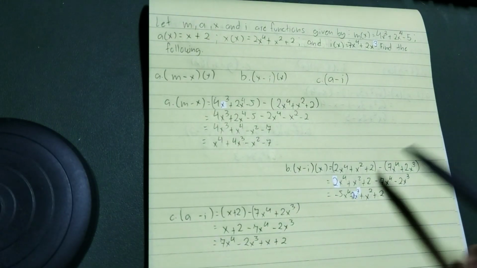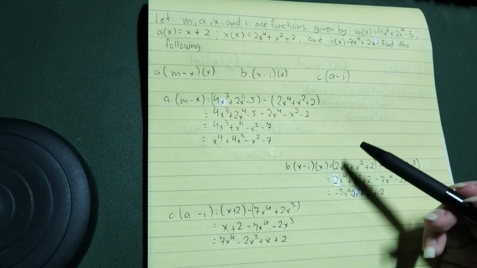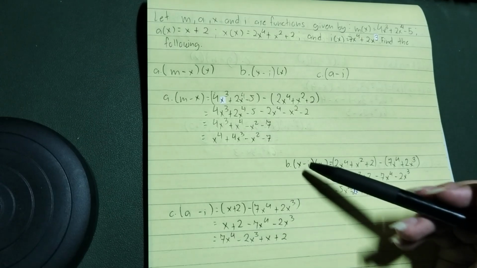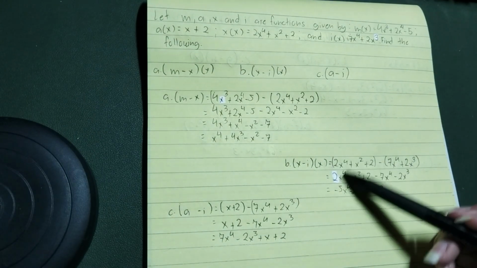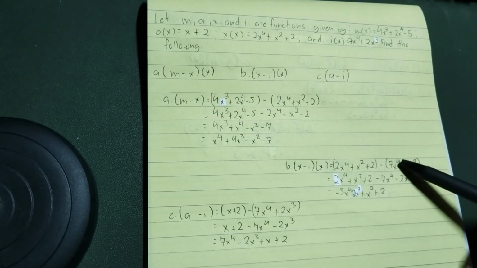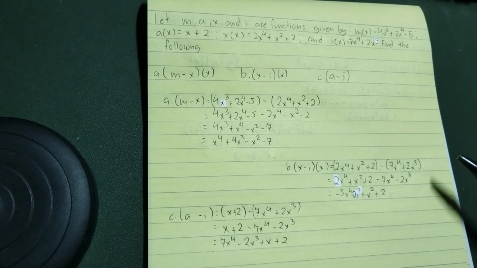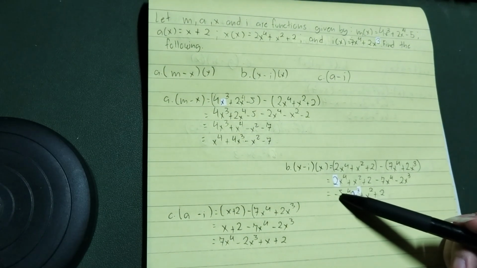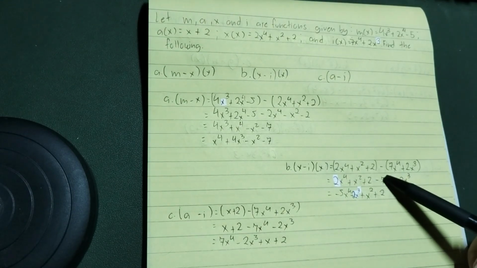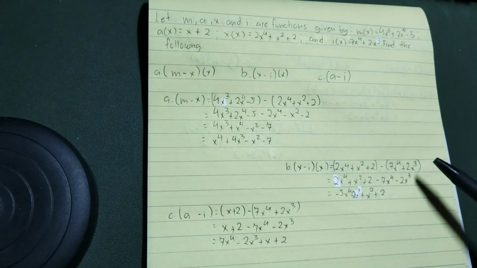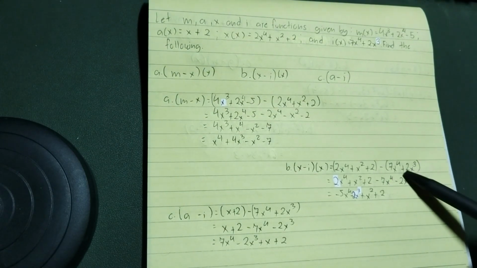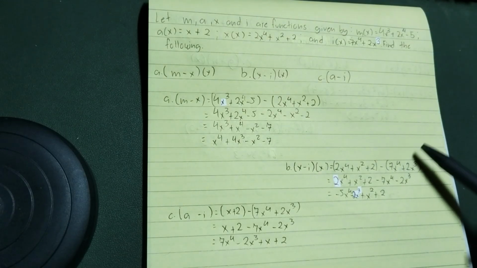Next, we have b, which is x minus I of x. Again, substitute the values. Value of x, which is 2x raised to 4 plus x raised to 2 plus 2. And then the value of I, which is 7x raised to 4 plus 2x raised to 3. Before combining, again, distribute the negative sign or minus to the following term, which is 7x raised to 4 plus 2x raised to 3.